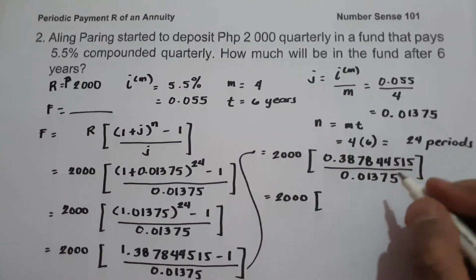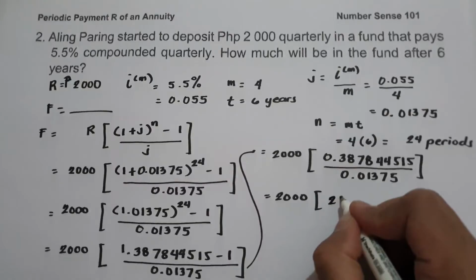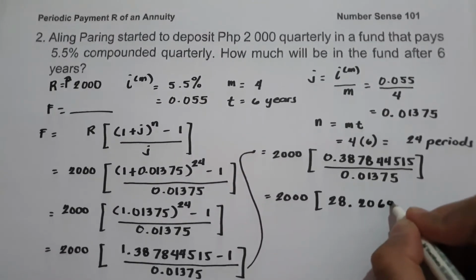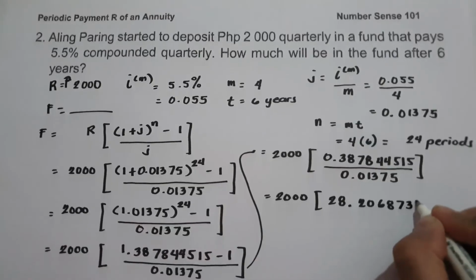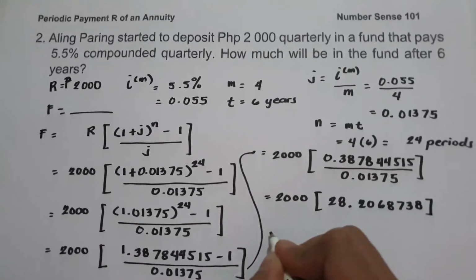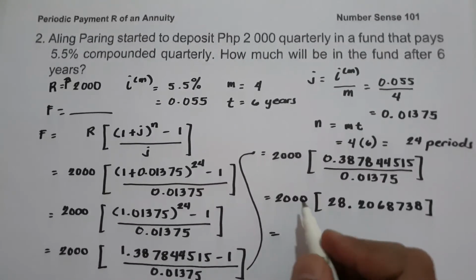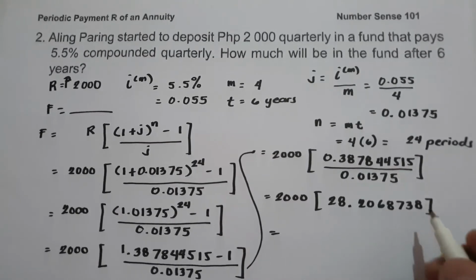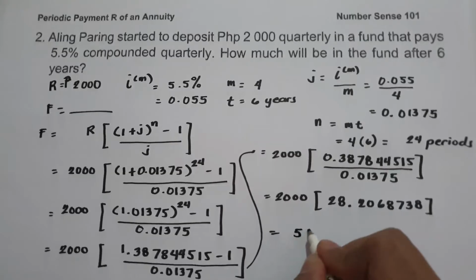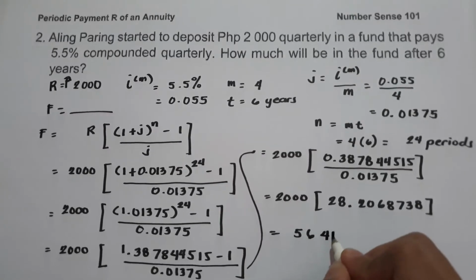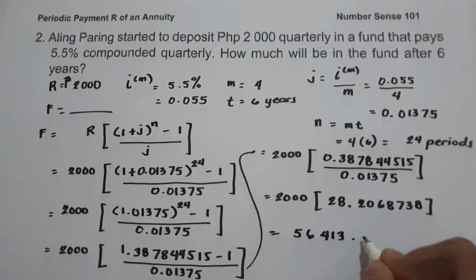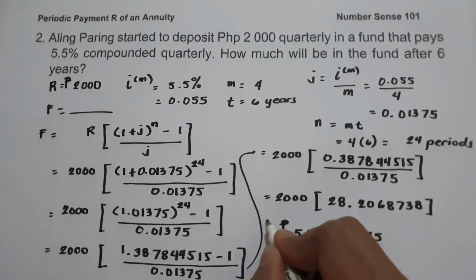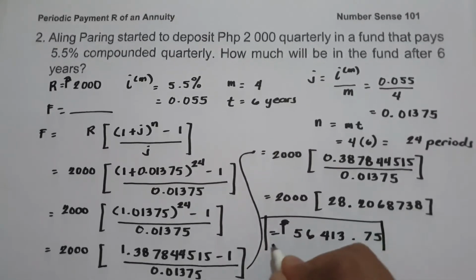And if we are going to divide, it will give us 28.2068738. And finally, 2,000 multiplied by 28.2068738, it will give us 56,413.75. And this will be our future value.